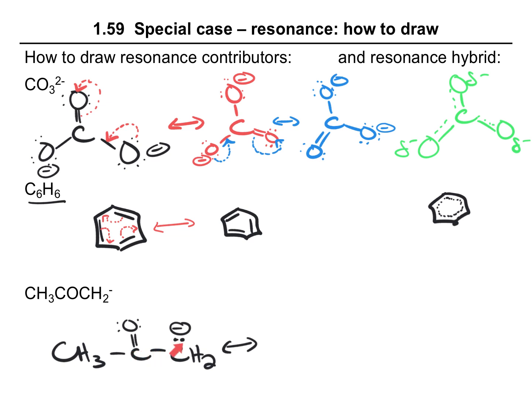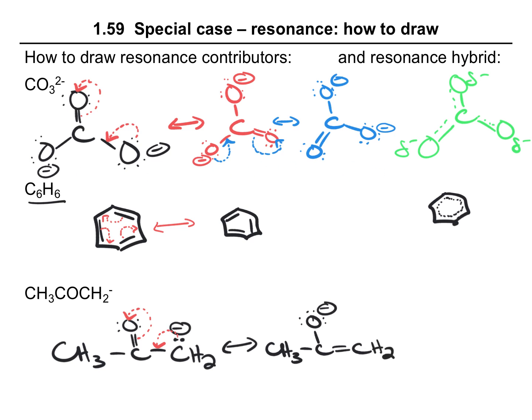And again, because we have a negative charge, let's start with these electrons and move away. We don't want to try to move our electrons toward a negative. Let's try to move them away. So these electrons can go here, pushing these electrons up here. So that gives us another resonance structure where we have a single bond to oxygen and a double bond to the carbon.